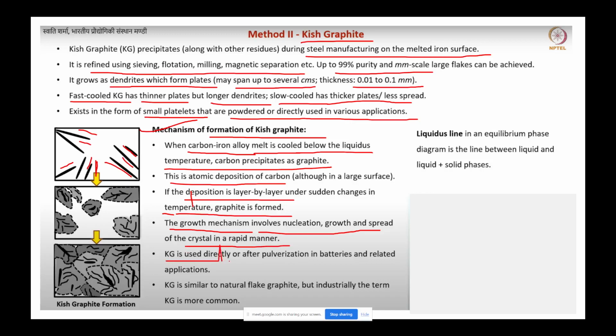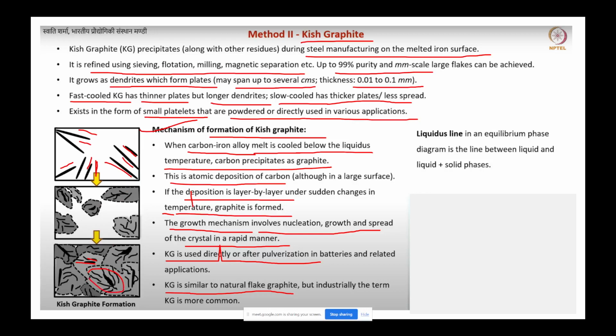Now, this graphite is usually used directly or after pulverization in batteries and related applications. This is similar to natural flake graphite, but industrially the term Kish graphite is more common. So we also call this natural flake graphite. Here you can see a flaky kind of structure. Firstly it starts to nucleate, then it starts to grow, and after growing it forms a big size of this.